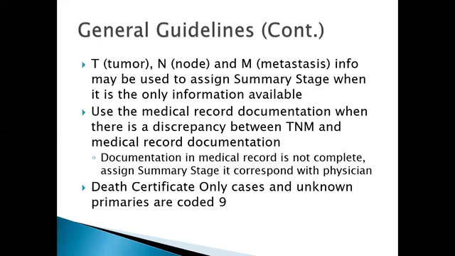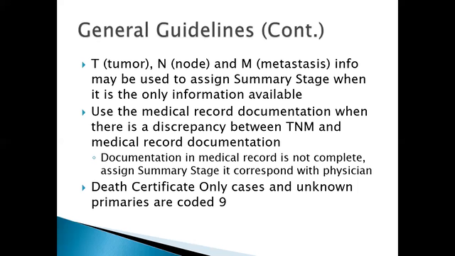However, if there is a discrepancy between documentation in the medical record and the physician's TNM staging, let's say you have that documentation and the physician did a TNM staging, the documentation takes precedence, okay? No one's perfect, everyone makes mistakes. So, if you know by the pathology report that the cancer is one stage and the physician has it incorrect, use the documentation, okay?